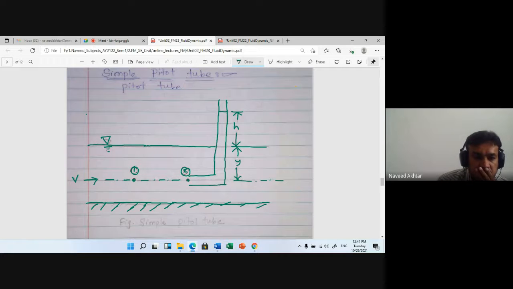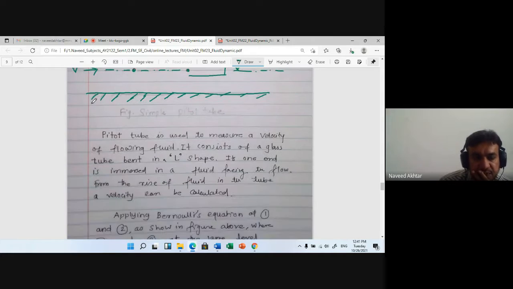So how does it work? The simple pitot tube is used to measure the velocity of flowing fluid.